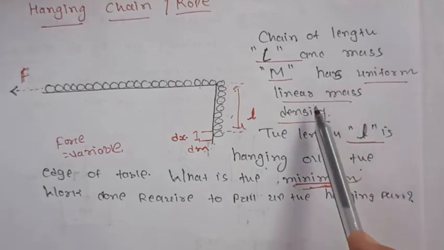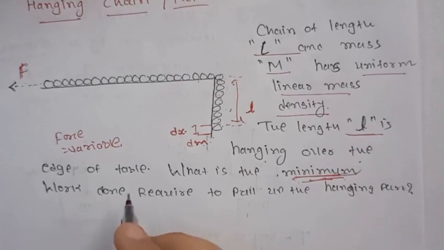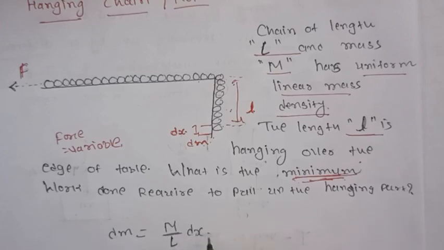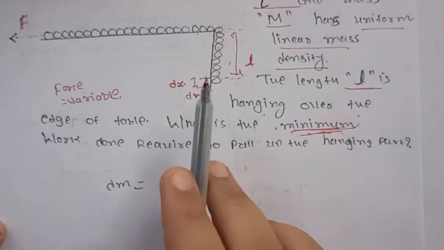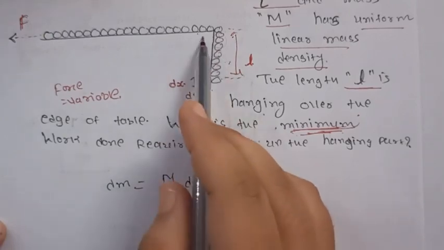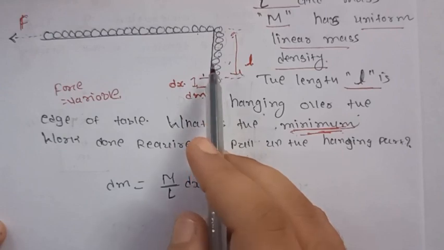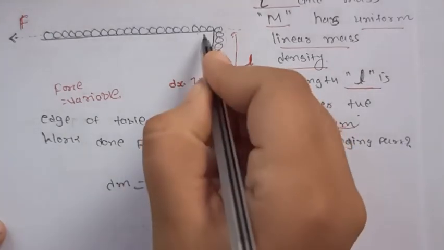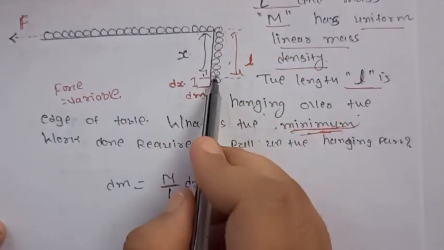The chain is having uniform linear mass density, so the small mass dm will be equal to m by L into dx. Now let us say at any instant x length of this chain is hanging and this x length is variable. So this is the length x and it is variable.